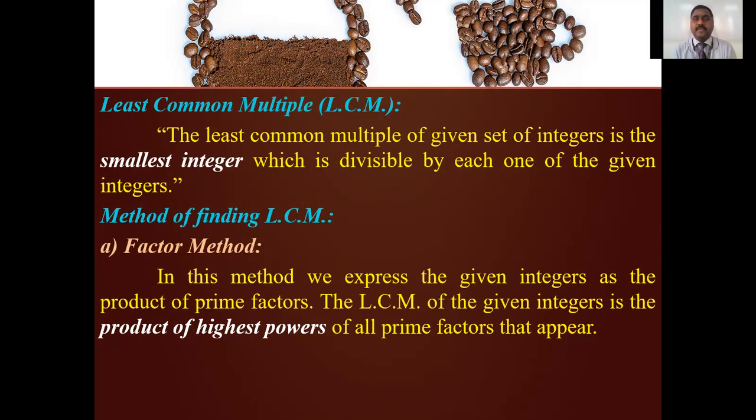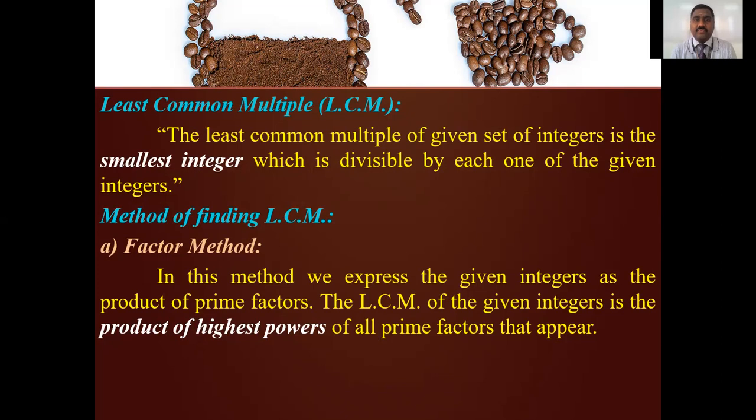In factor method, the same procedure that we followed for finding the HCF is followed here also in LCM. We have to divide the given numbers by the prime numbers 2, 3, 5, 7, 11, 13, and so on. So what is the difference between HCF and LCM? In both, the procedure is common: you have to divide the given number by the prime numbers.